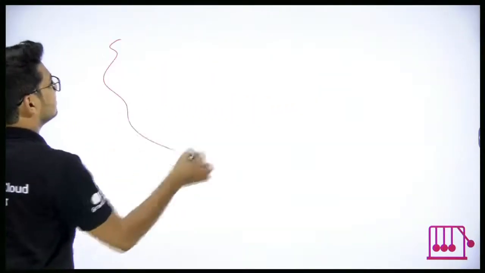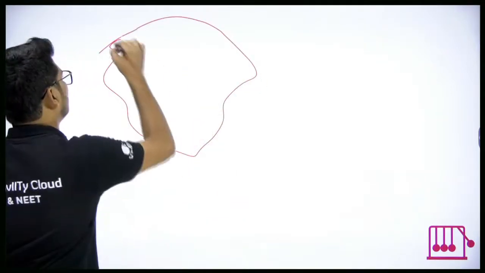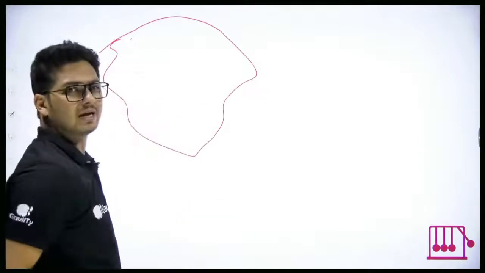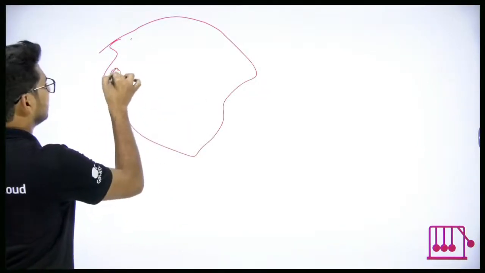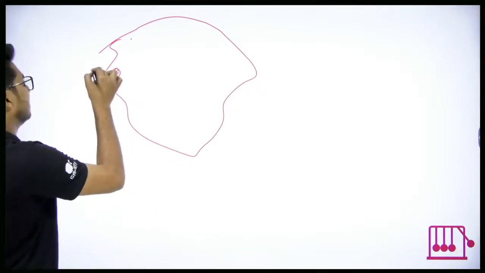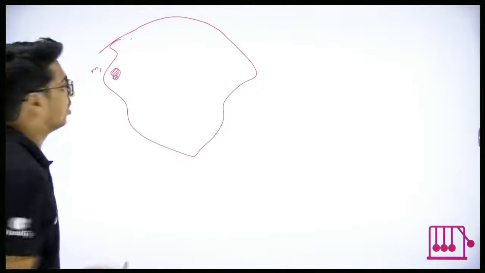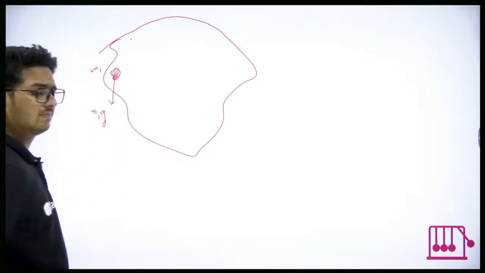I'll show you something. Let's say this is a random object, made up of many particles. If I take a small particle, it will have some mass, let's call it m1. Will there be weight on it? Yes, the weight will be m1g.